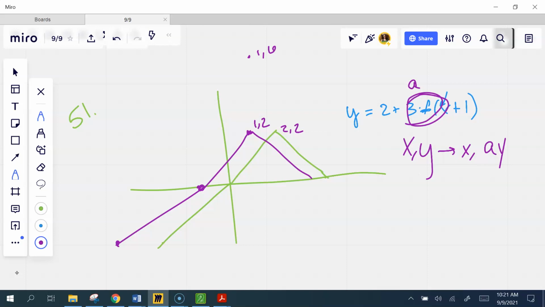Do you have that little half sheet that I gave you? Well, the green was the original, right? And that point was 2, 2. I shifted it left 1, and that point became 1, 2. Then when I stretched it by 3 vertically, I multiplied this by 3, and that point became 1, 6.